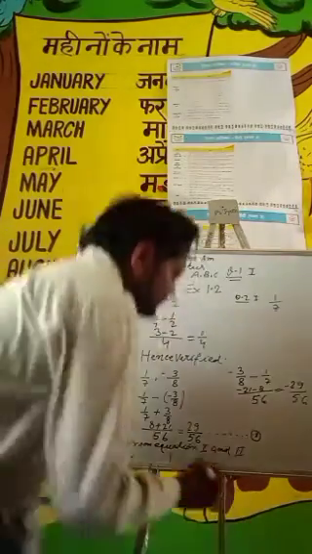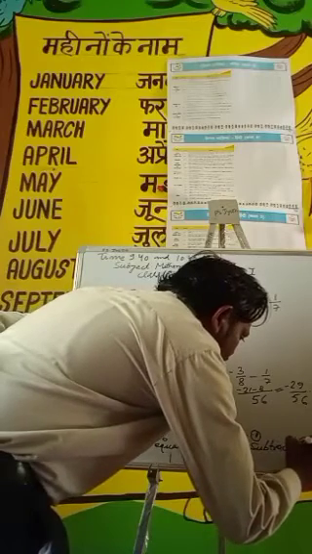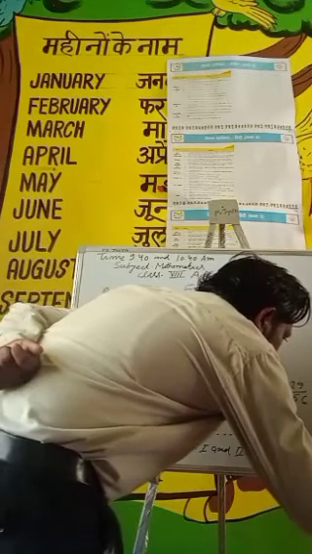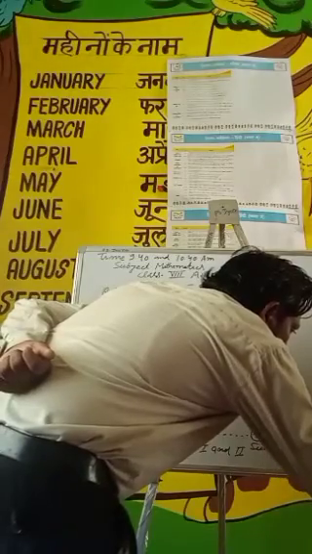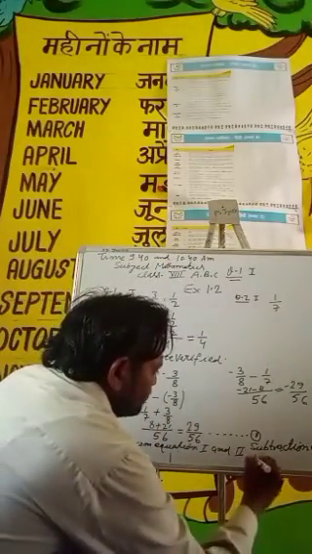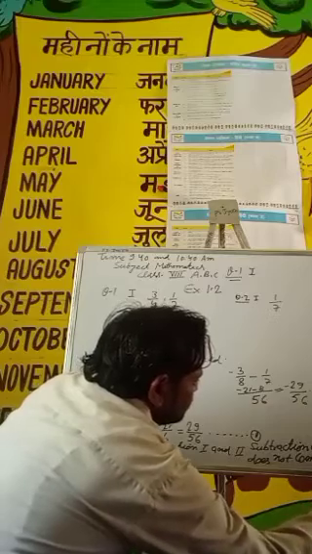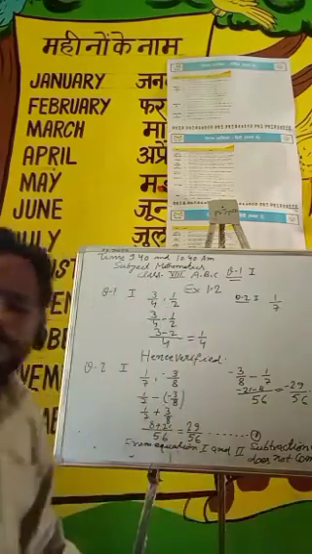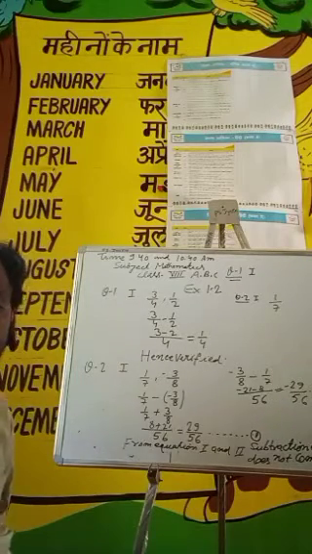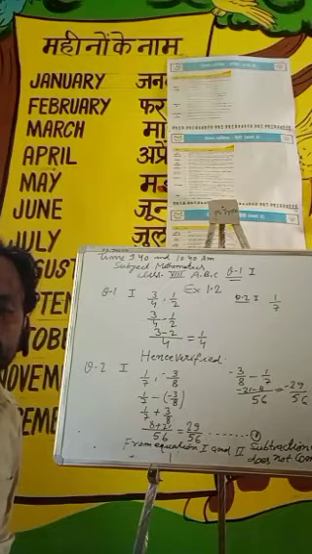Subtraction of rational numbers does not commute. Now, the other parts you will do yourself.